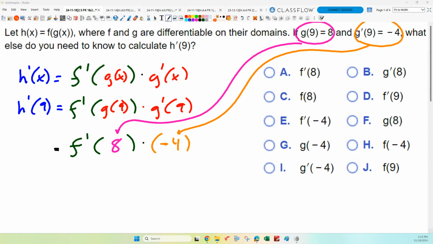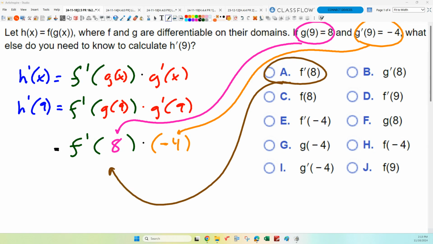So what are we missing? F prime of 8. That's the other thing we would need to answer this question. Okay, make sense? So that would come from here, f prime of 8. Give me thumbs, does that make sense? Okay?